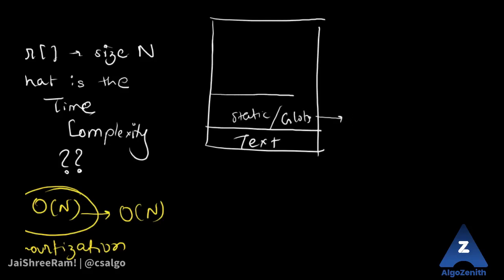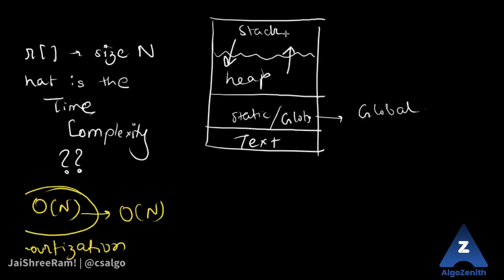All those global variables are defined in a separate memory space. Then there is a heap and there is a stack. The stack is used in recursion and local variables are stored there, including local variables of recursion, and general variables that you define are stored in the heap. The heap grows upward, the stack grows downward, right? Something like this is how a memory representation works.